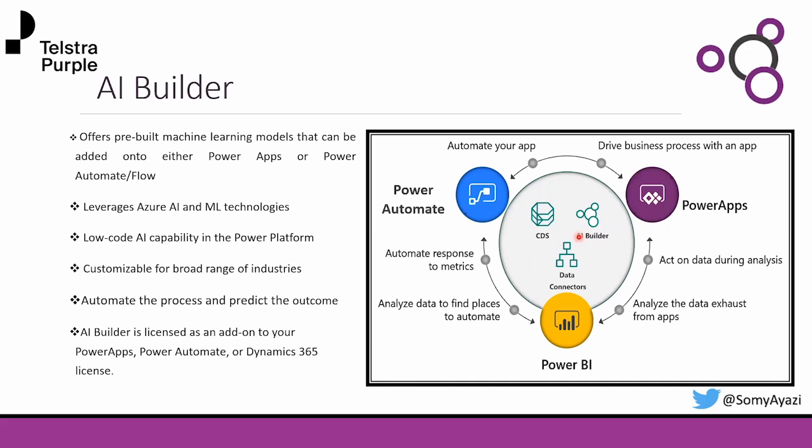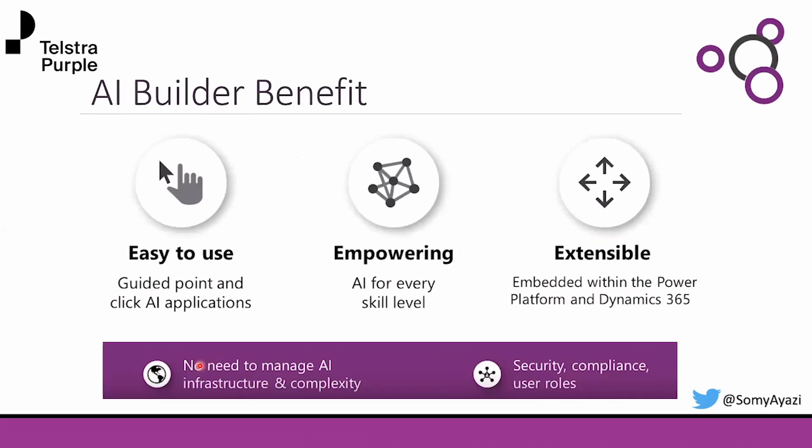The AI Builder is an add-on to PowerApps and Power Automate, and every user gets a 30-day trial that they can use for different features within Power Platform. So you can explore and see which feature you want to use, and then once that trial is finished, you can purchase it. We're going to talk later on about a little bit of licensing and the availability of different features that AI Builder provides.